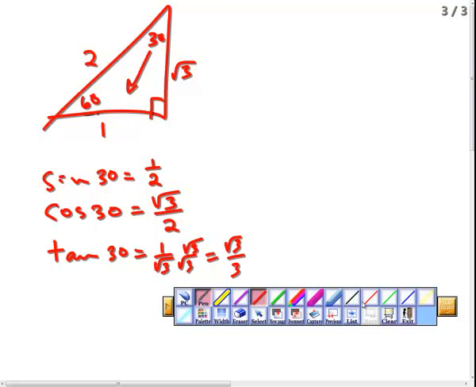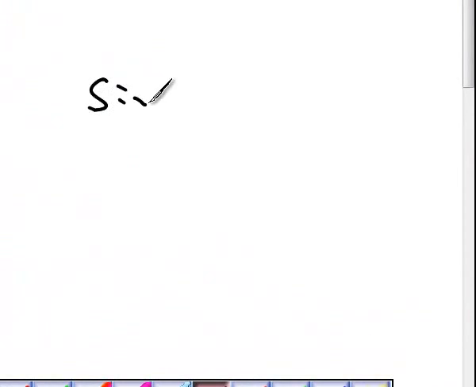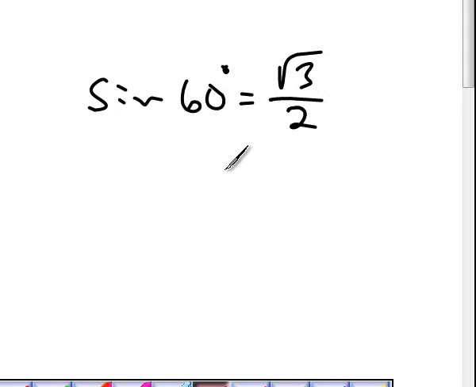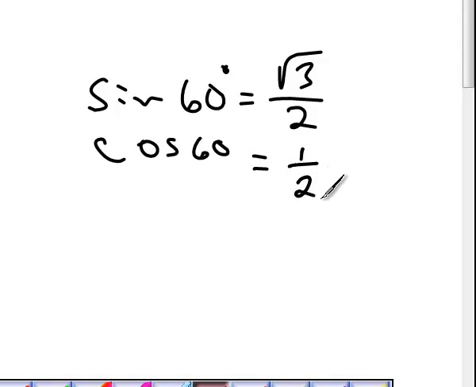And then for 60 degrees, sine for 60 degrees is opposite over hypotenuse. So that's square root of 3 over 2. Cosine of 60 degrees, that'll be 1/2.